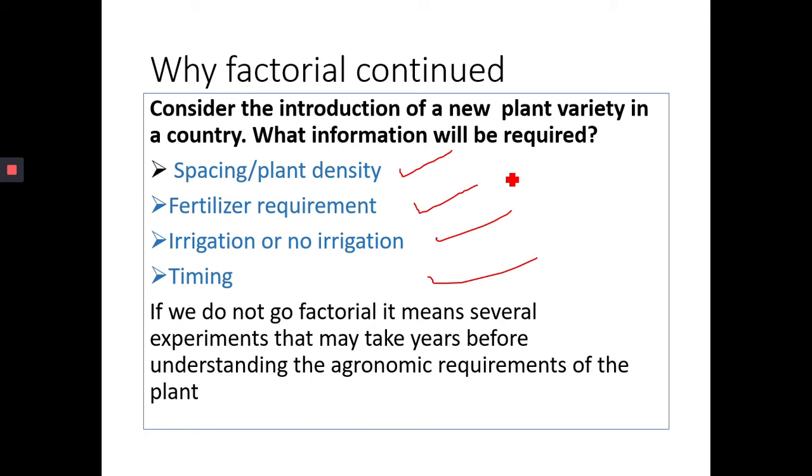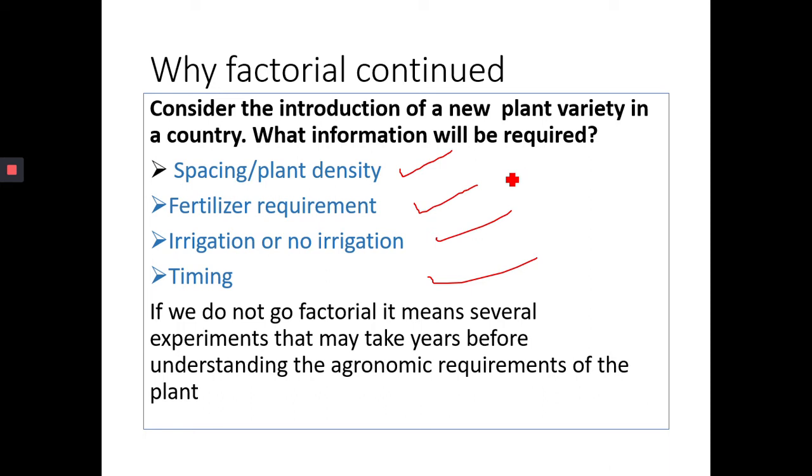And mind you, most agronomic experiments require almost a minimum of 2 years of data. So for spacing, you do need 2 years for the experiment to be conclusive.